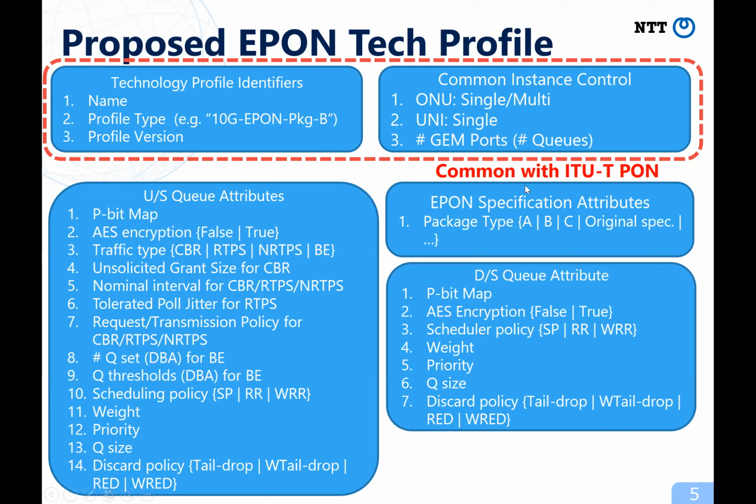Unlike ITU-T PON, the package type needs to be specified to select the specification. There are mentioned QoS parameters in upstream and downstream queue attributes. And P-bit map and AES encryption are also needed like the ITU-T profile.